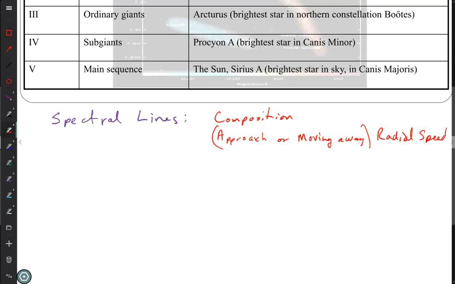Think back to Wednesday. I do, because it's named after Woden. Woden's Day. Truly. And I'm just a weirdo. What did we talk about from the spectral lines on Wednesday?